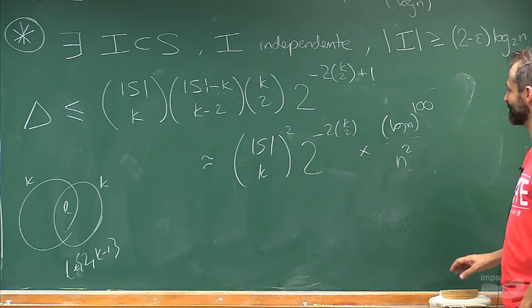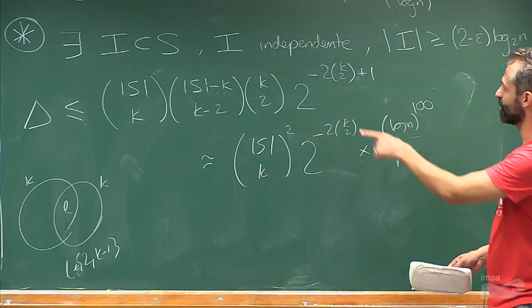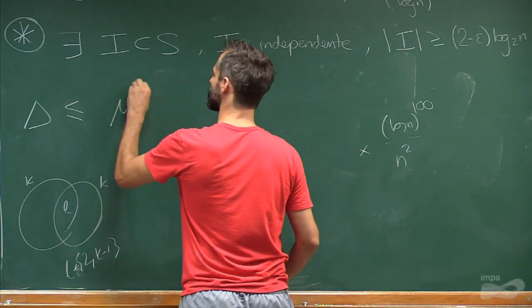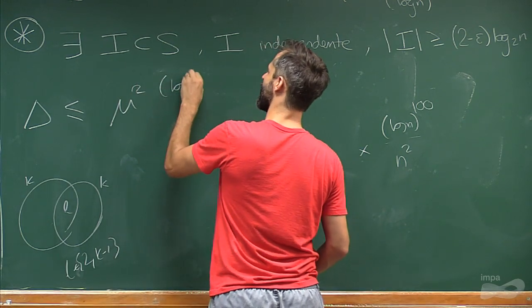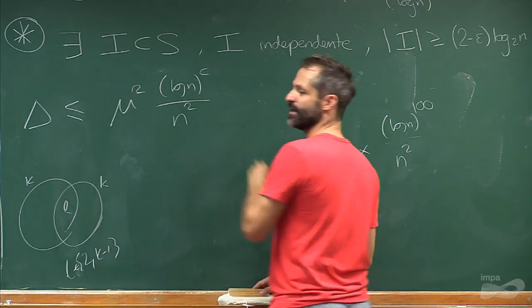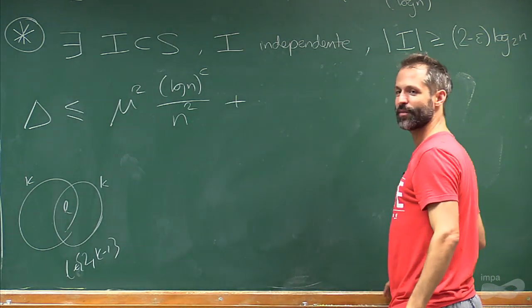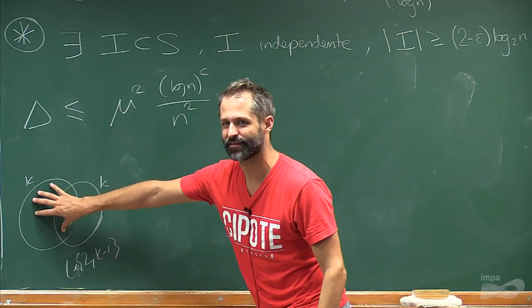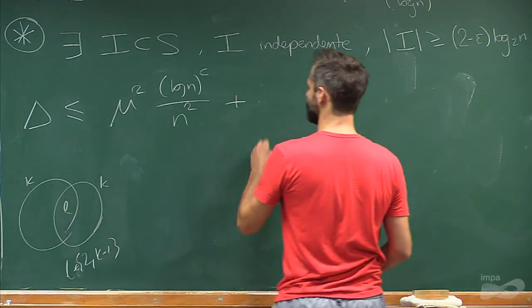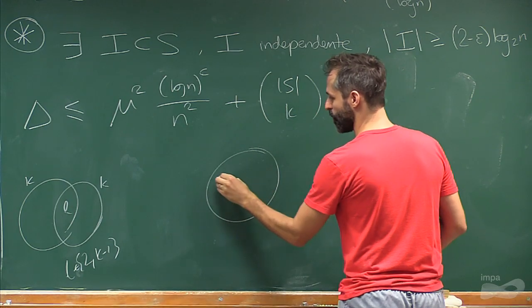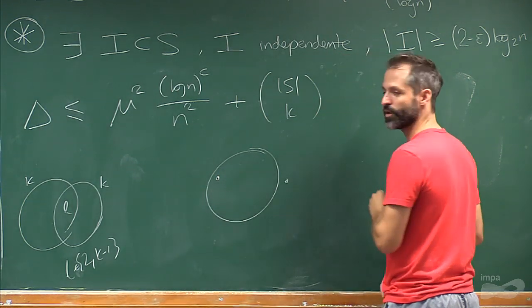Yeah, that's the point. Okay, so this is at most, this first term is mu squared times log n to some large constant over n squared. Right? And then the second term is when they're almost the same. So you pick one of them, S choose k. You pick one guy not to be in and one new guy to be in.